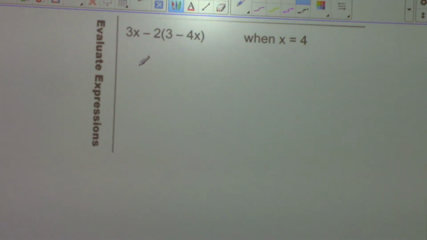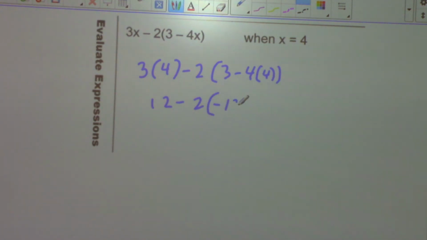Okay, so we can rewrite this as 3 times 4 minus 2 times 3 minus 4 times 4, right? And just work this out. What's 3 times 4? 12 minus 2 times, and then 3 minus 16 is what?